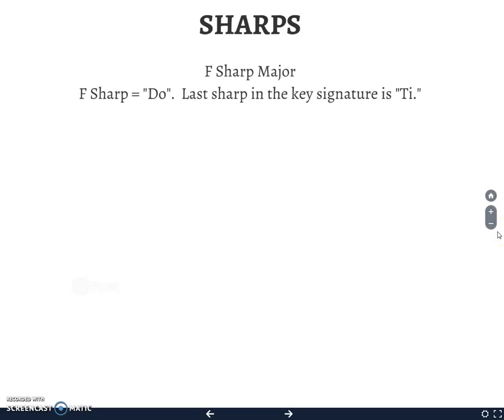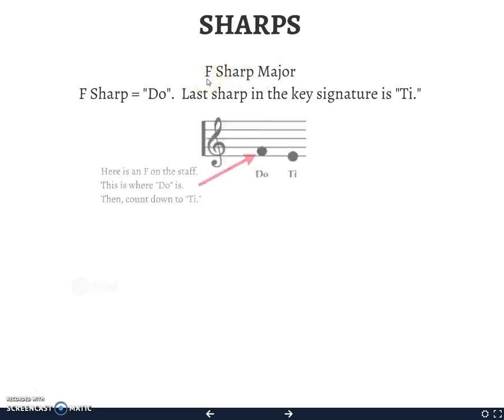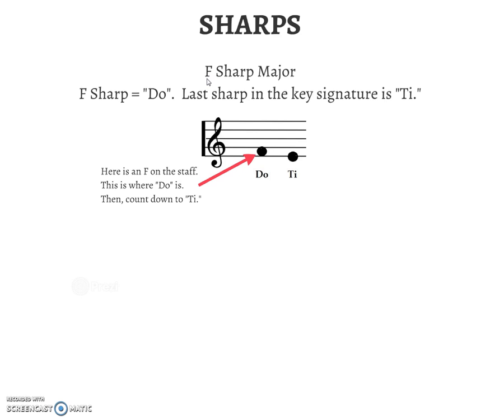Now let's look at some sharps. Let's use F sharp major as our first example. That means F sharp is do. And with any sharp key signature, the last sharp in the key signature is Ti. So first we're going to draw do. We're going to draw an F on the staff.